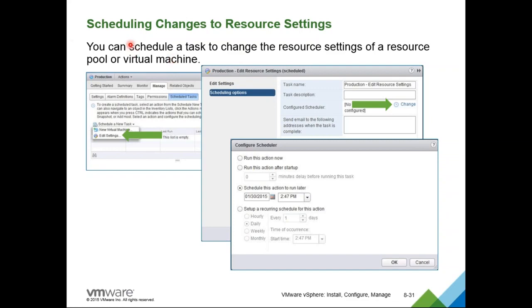These scheduled changes to resource settings can be utilized when you are running backup software or patching. During that time your virtual machines need more resources. At that time you can choose these scheduling changes on the resource settings of your resource pools or virtual machines.